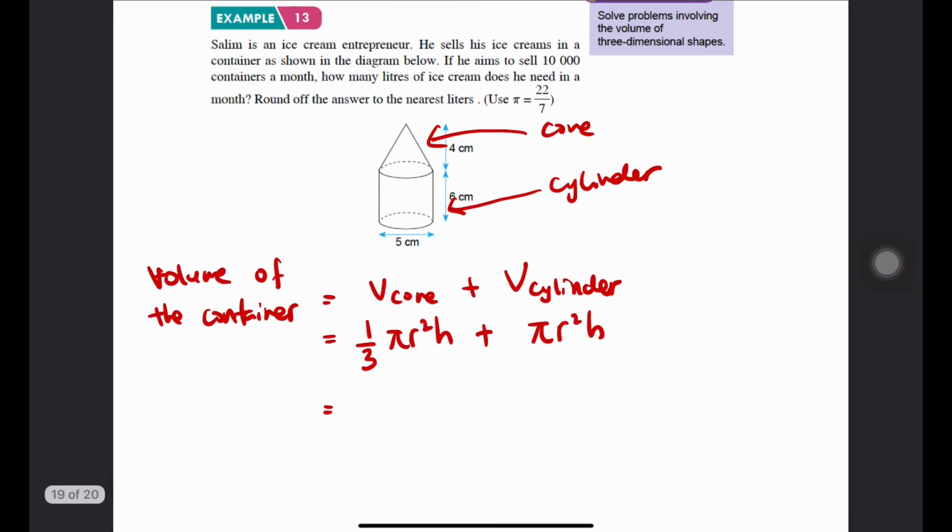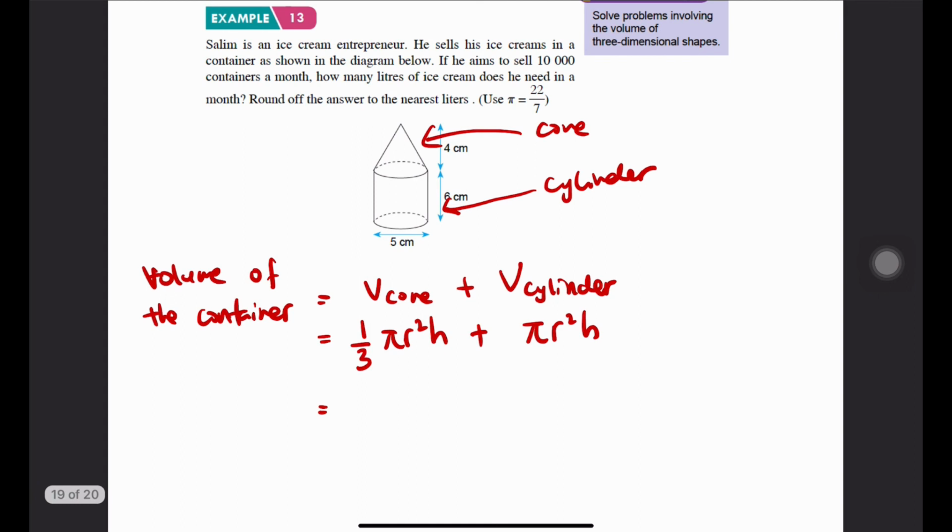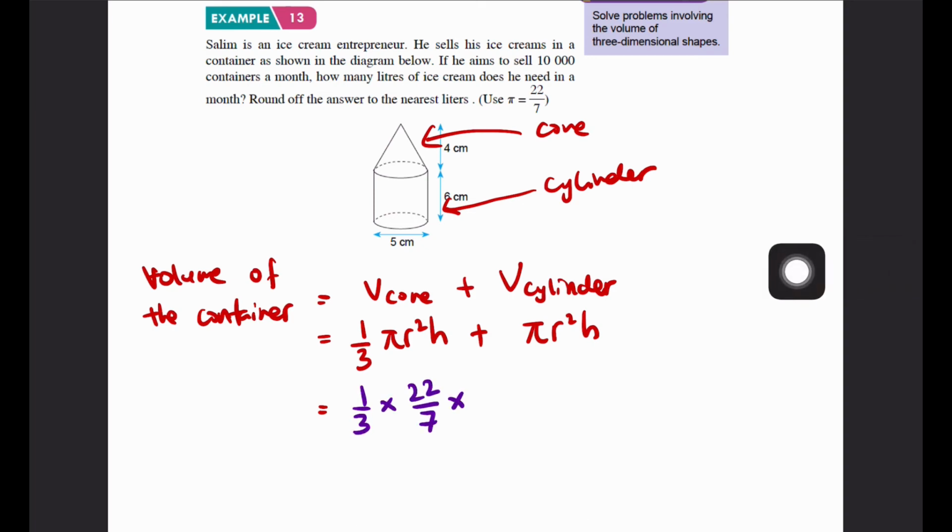So let's substitute the values. We have 1 over 3, pi is 22 over 7, times the radius of the base of this cone. The diameter is 5, so the radius is 5 over 2, which is 2.5.